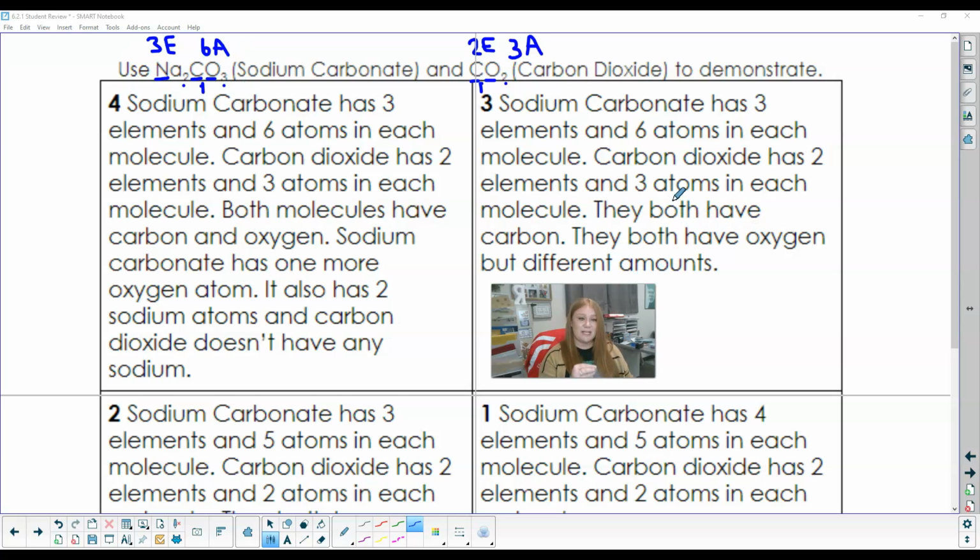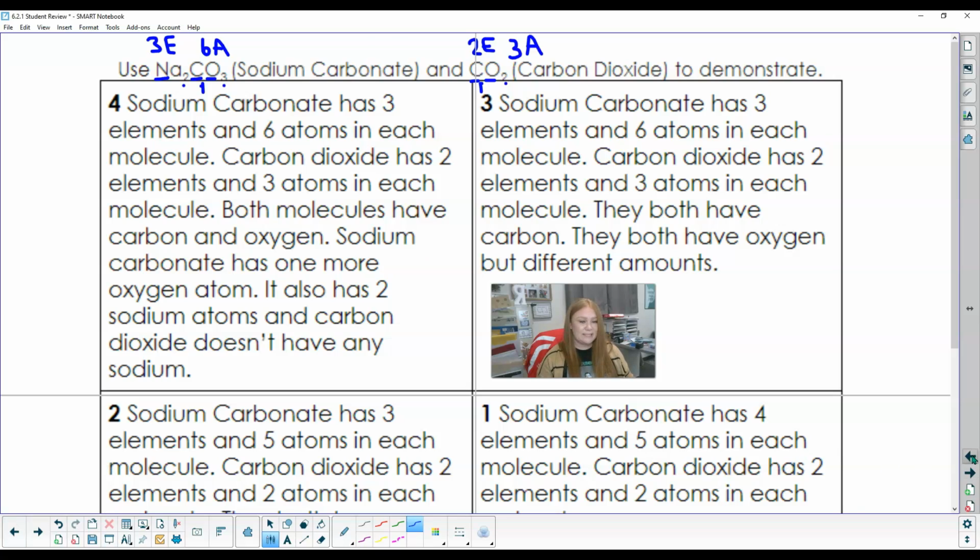So it didn't just say they both have it, it said exactly how much more this one has than this one. It also has 2 sodium atoms, and carbon dioxide doesn't have any sodium. So in a 3, it never mentioned the sodium, and in a 4, it talked about every single piece: what is the same, what is different for every single part of the chemical formula here.